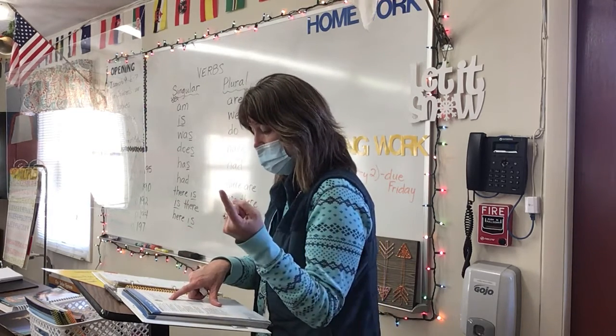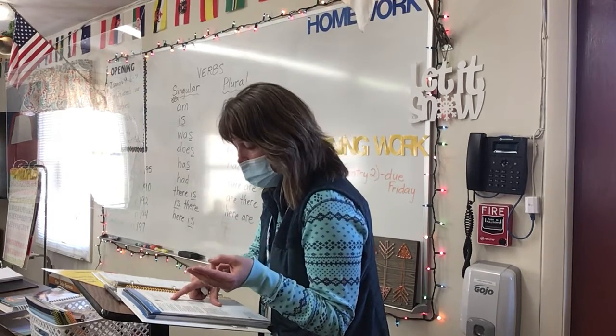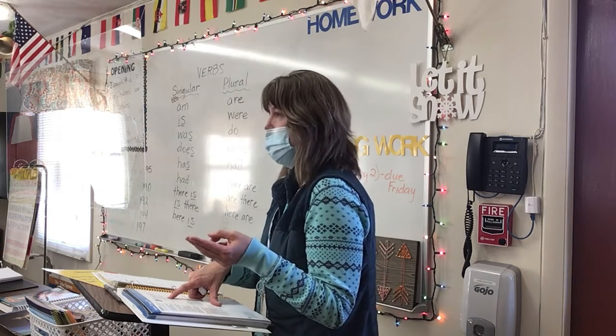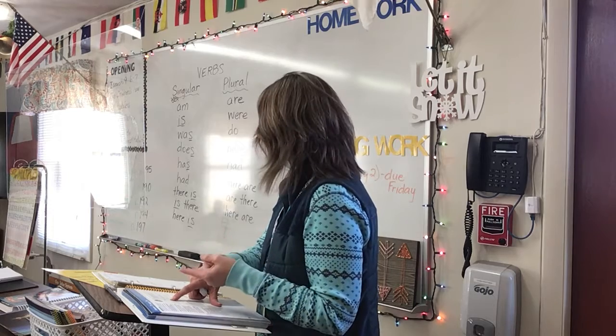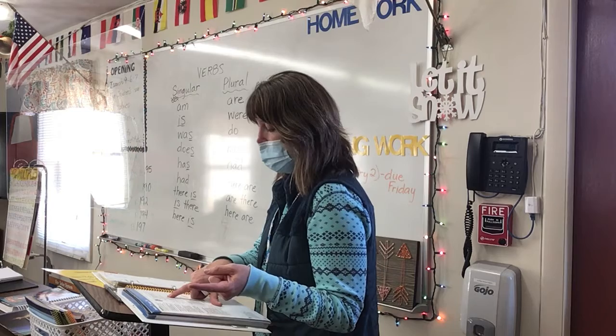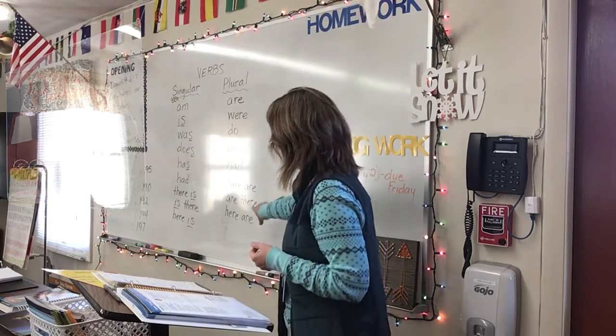We're still talking about one basket, so we use here is. Next one, there are many blackberries on the bushes. Blackberries is plural, so we use there are. And then, are there enough berries to make a pie? Berries is plural, so we use are there.